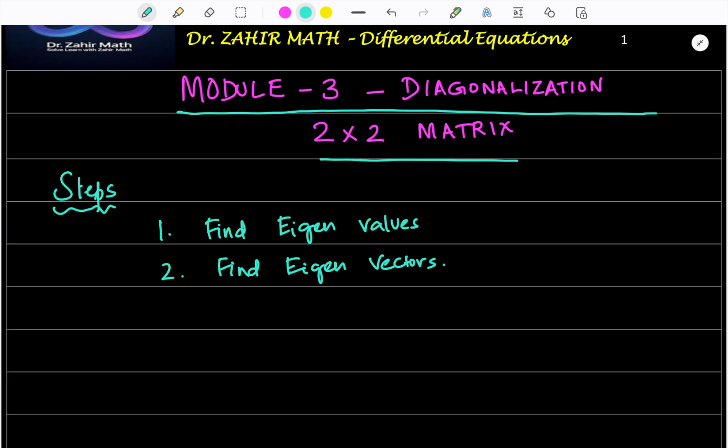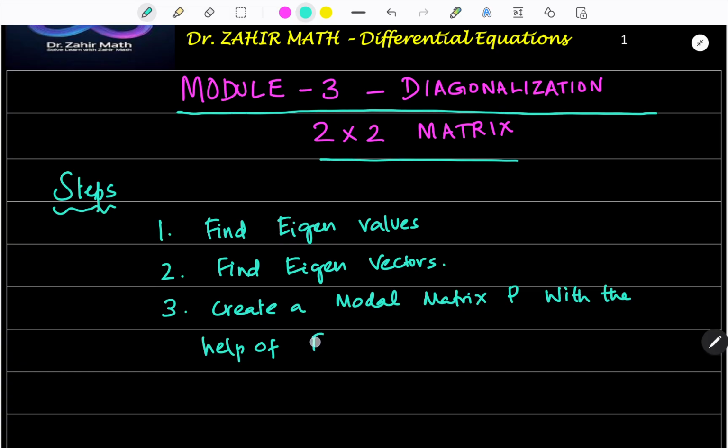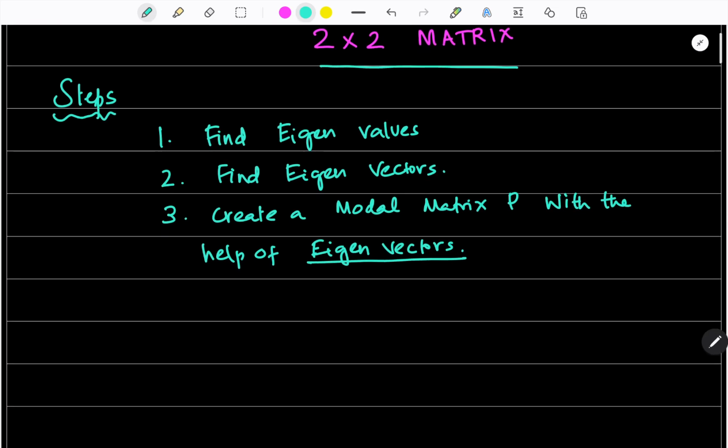Then number 3, you are going to create a model matrix. What is the matrix name? Model matrix. You're going to create the model matrix P with the help of eigenvectors. Keep in your mind, with the help of eigenvectors.